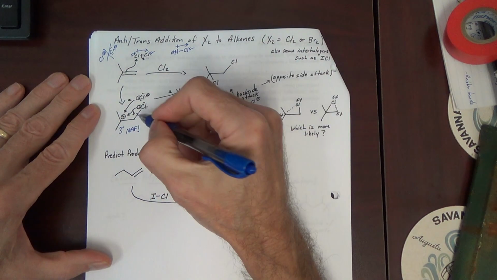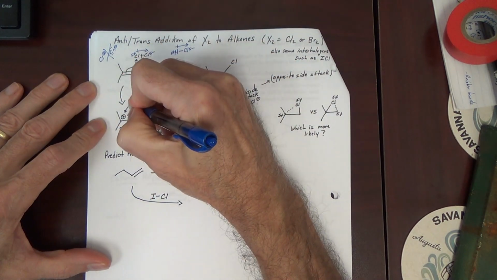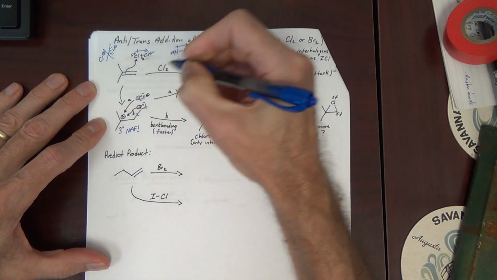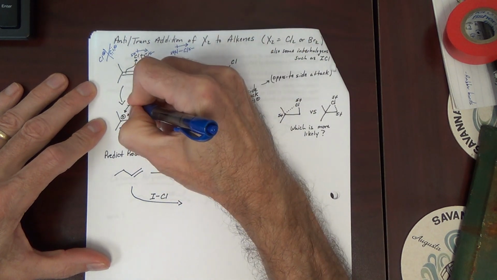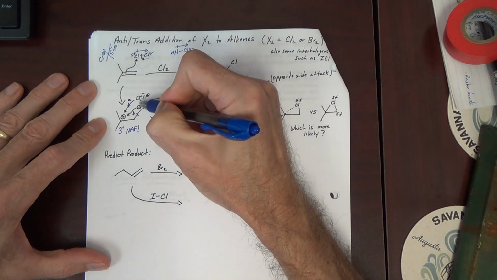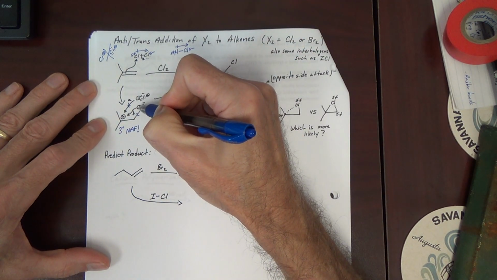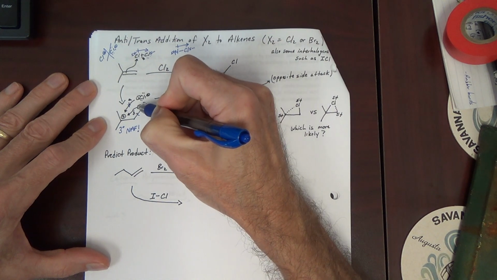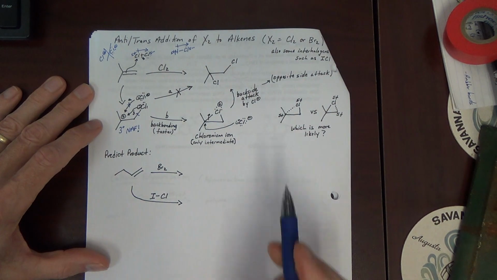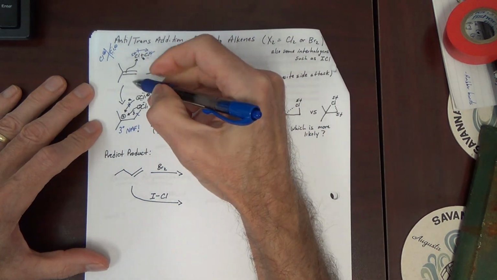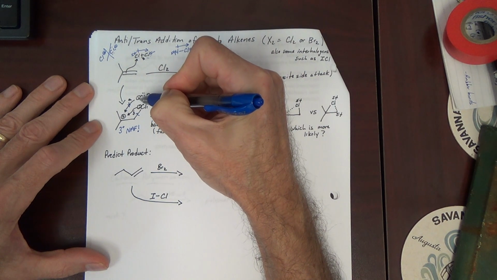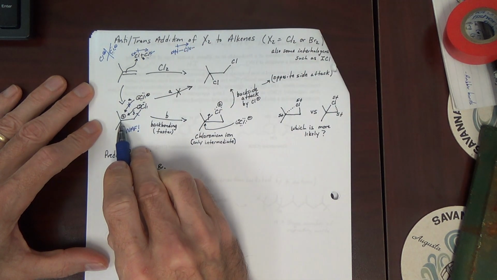Now, what actually happens from here is, instead of these electrons attacking and giving you a chlorine-carbon bond, it happens that the electrons from this chlorine actually attack. And why? The reason is, which chlorine is closer to the carbocation?